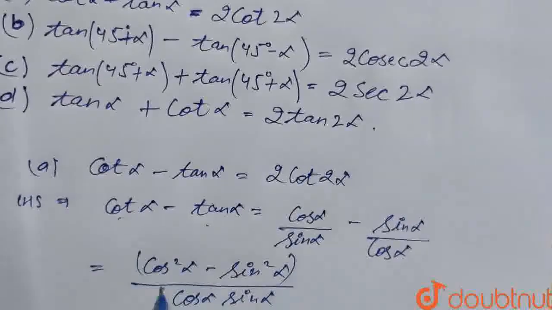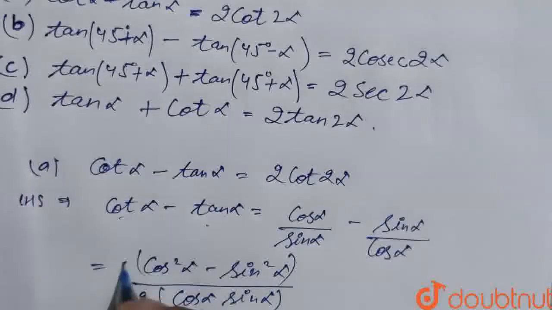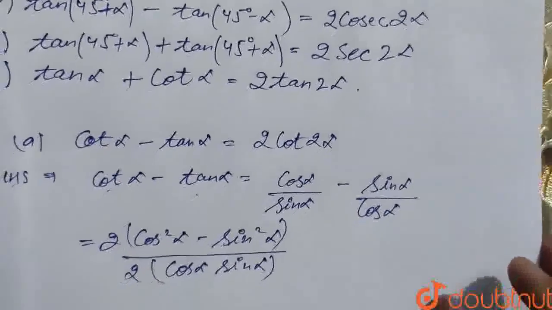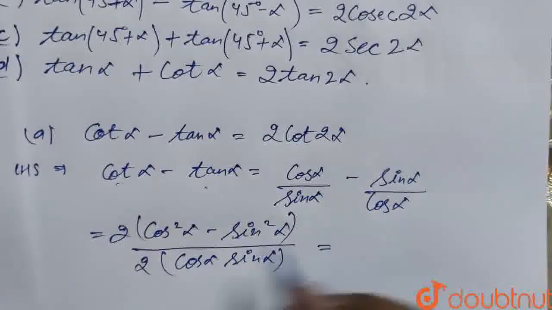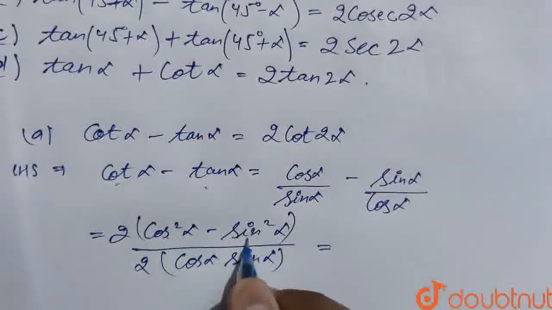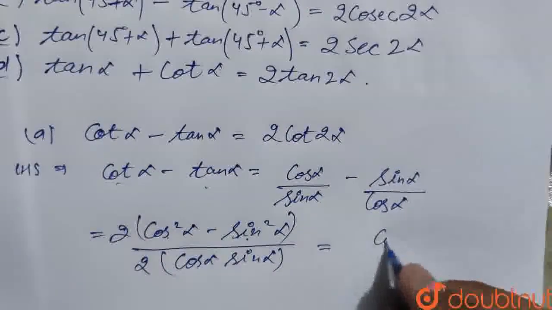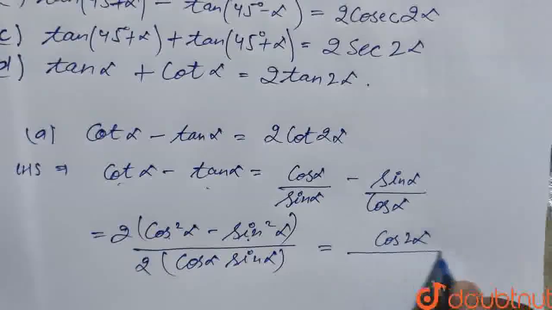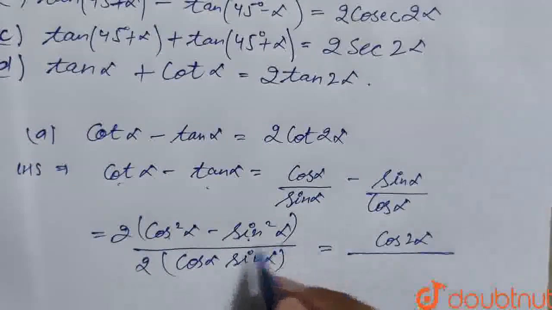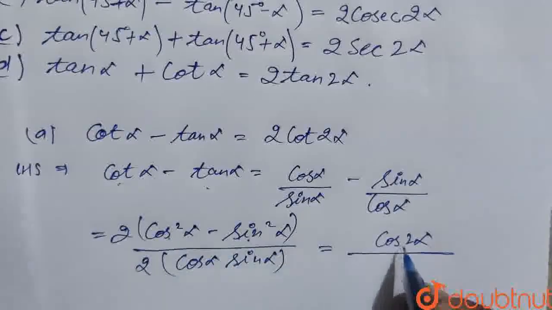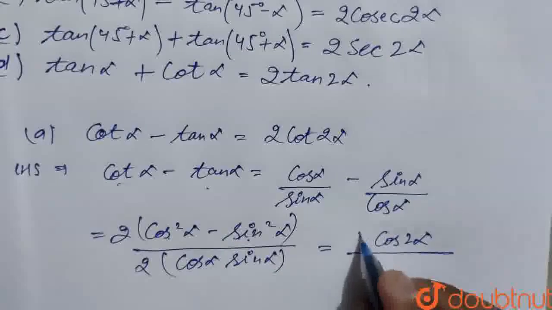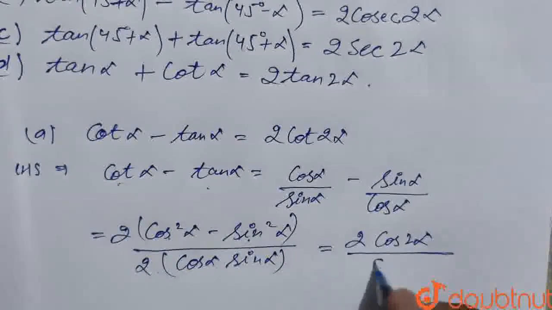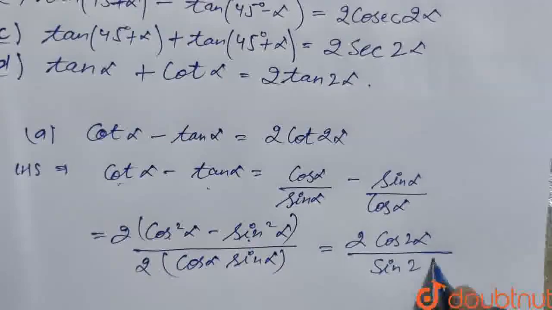Now we will multiply and divide this expression by 2. We know that cos square alpha minus sin square alpha is cos 2 alpha. It is the simple angle transformation from alpha to 2 alpha. And we know that 2 sin alpha cos alpha is equal to sin 2 alpha.